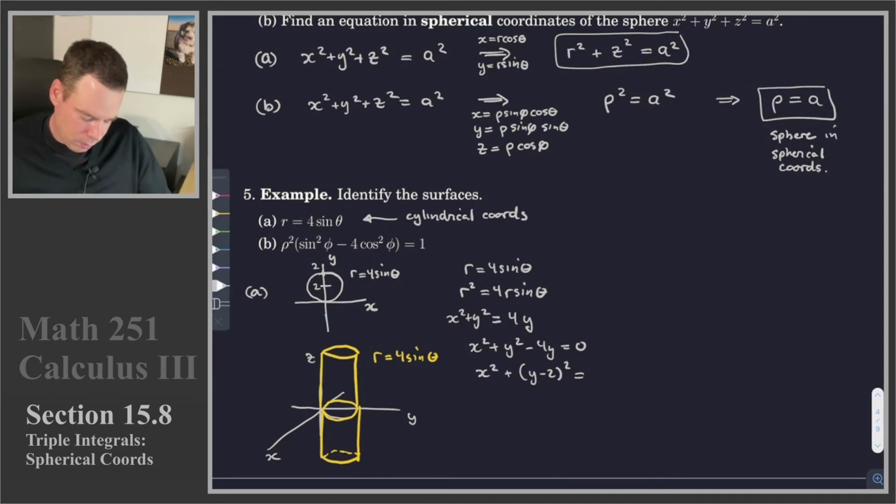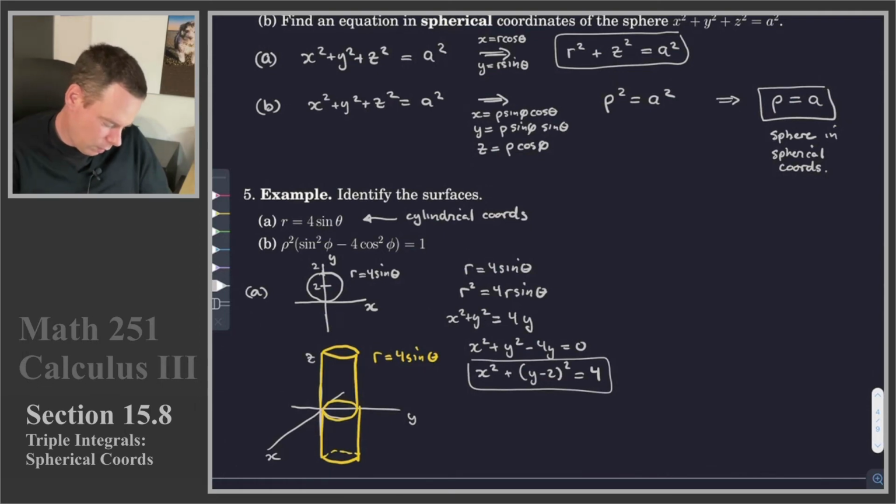When I completed the square, I've got a y squared and a minus 4y, and then I've got this extra 4 I added on over here as well. And this is that circle we just wrote down, shifted up 2 units with radius 2. And so what we've done is identify the surface. It is a circular cylinder.